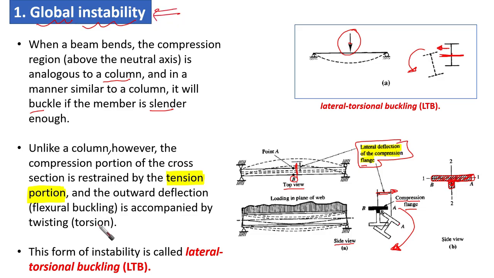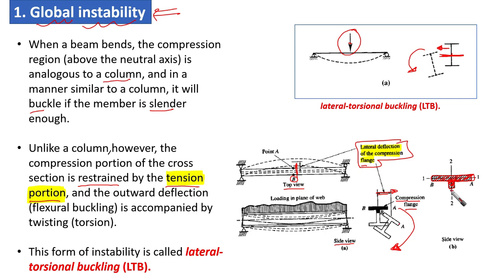Okay, the difference between what we were discussing before regarding the compression member and the column, and when we compare them with the beam, or what is going to happen for the global instability of the beam, is that the compression portion of the cross section is restrained by the tension portion.